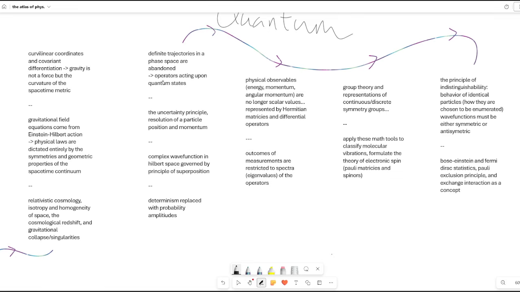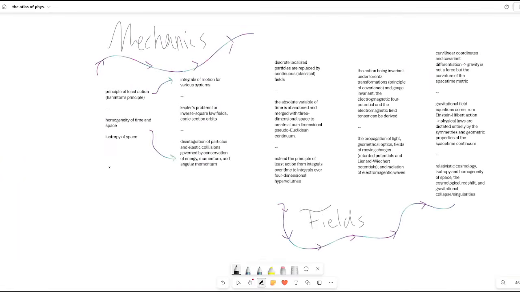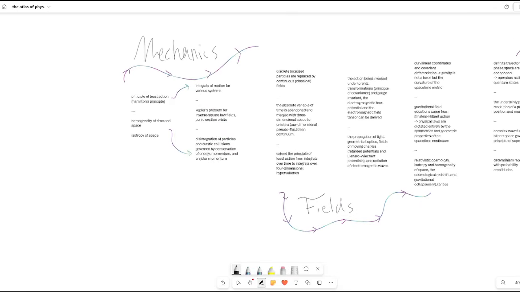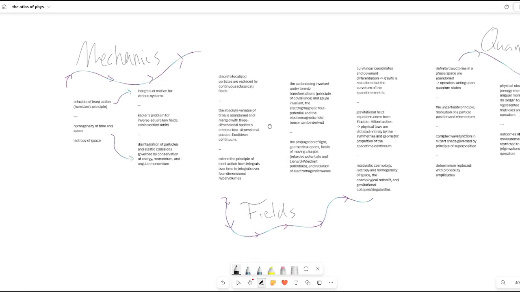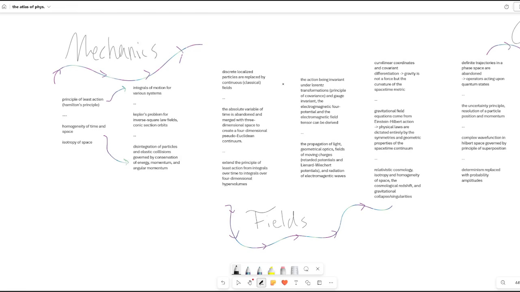So we'll first start with trajectories in phase space being abandoned. By the way, phase space just happens to be a different formulation of the integrals of motion for various systems. There's something called Lagrangian and Hamiltonian mechanics, two different formulations.